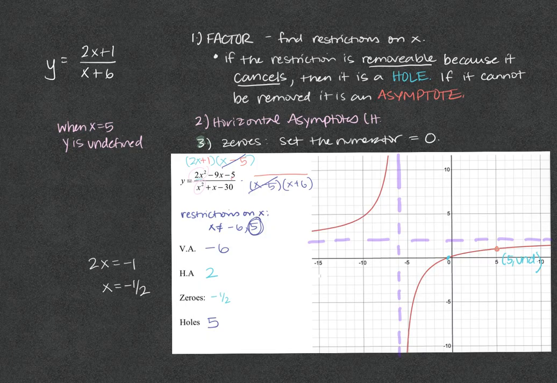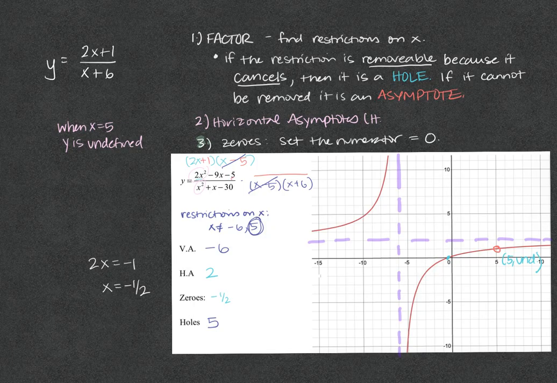The graph doesn't exist there. So what we're going to want to do is at 5, we're going to put a hole, all right? So we're going to draw it like this with a big open circle there. And you would stop the graph there and continue it on the other side.